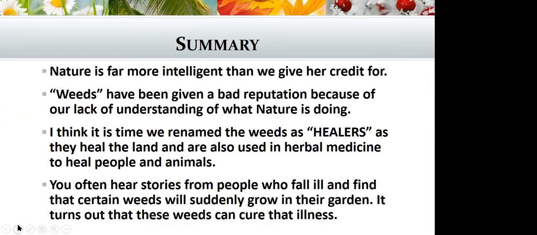You'll often hear stories where a person falls ill, and then they start finding certain weeds popping up in their gardens, and when they look into those weeds and what they've traditionally been used for in herbal medicine, a lot of the time those weeds turn out to be something the person can use as a cure. You've heard this story many, many times.